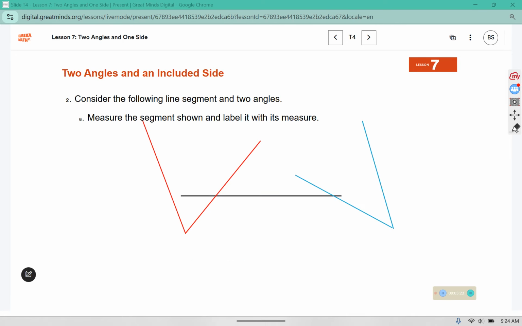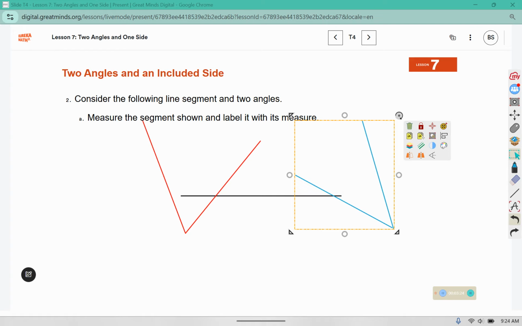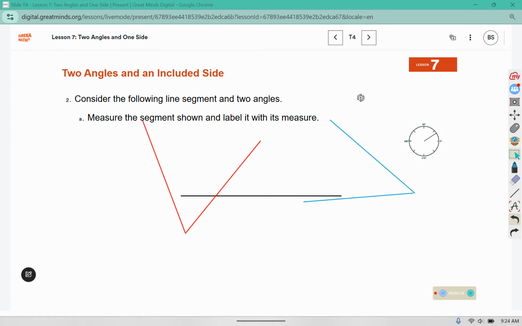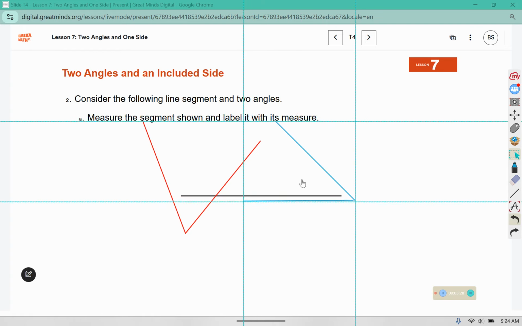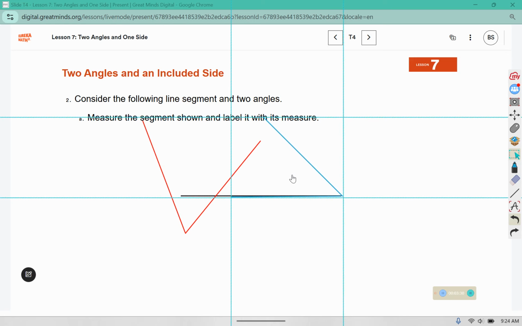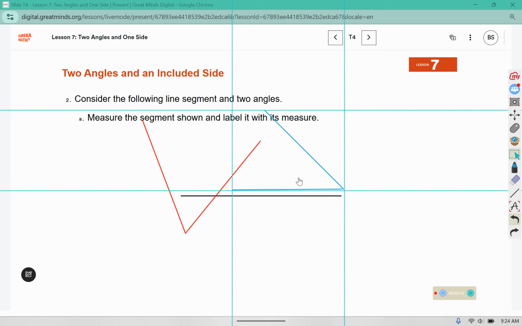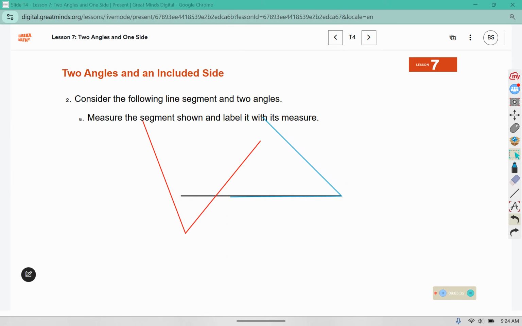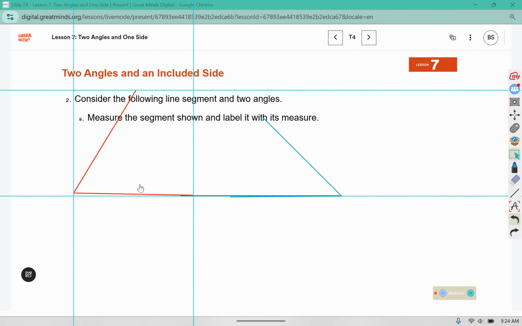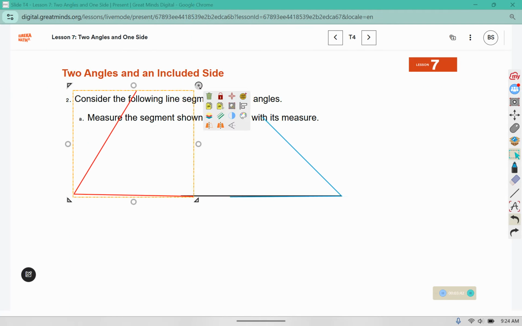So I'm heading back to that side length, that's 3, and I'm going to rotate my angle on the tracing paper and slide it so it matches up with this corner here. Then I'm going to take the angle on this side and again rotate it until this line lines up. And then I'm going to slide that over until it matches up with this side length.